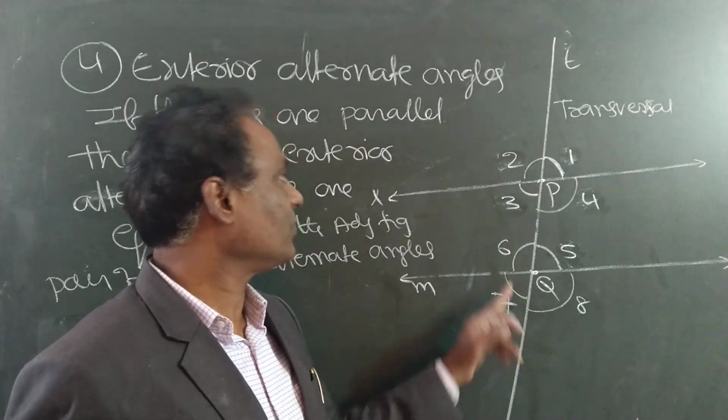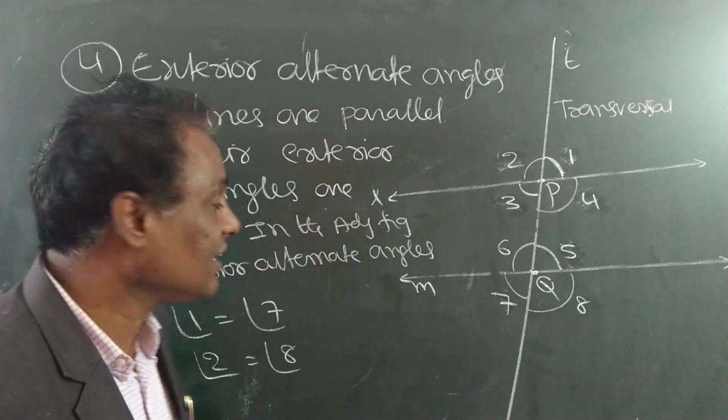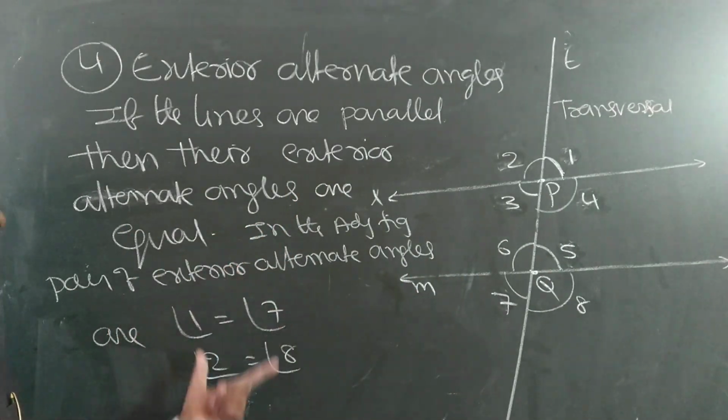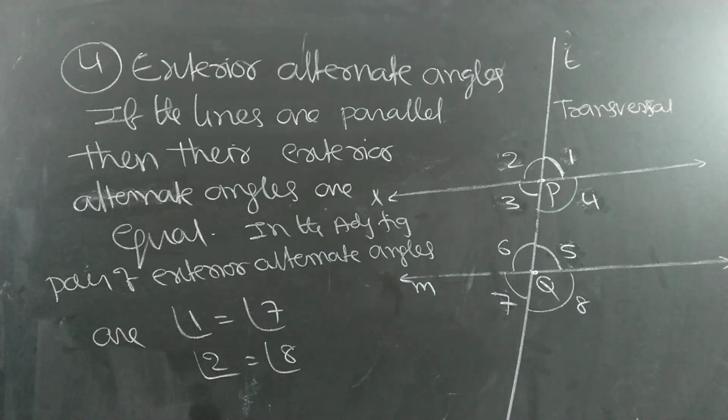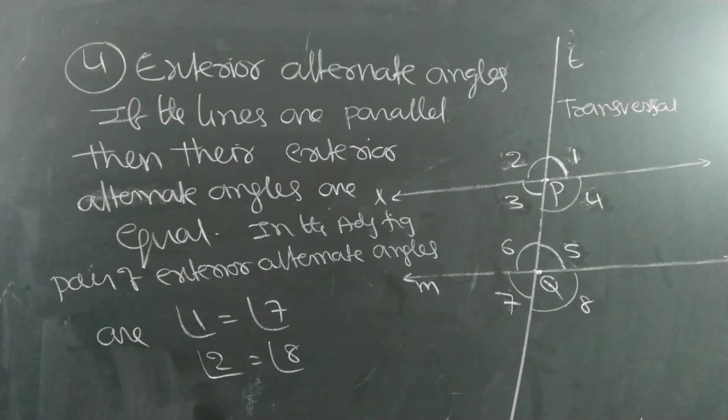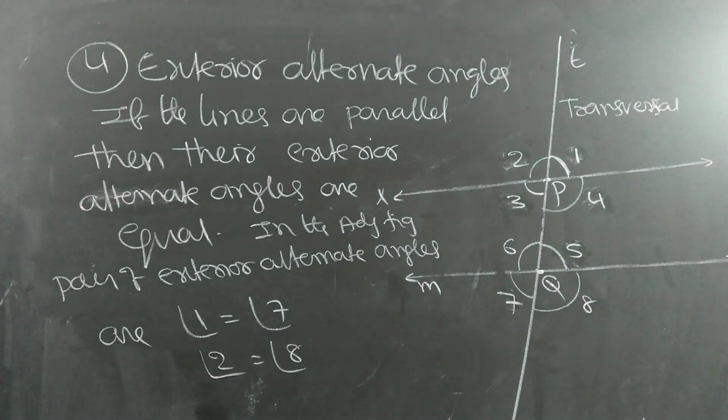So 1 is equal to 7, 2 is equal to 8. What is the reason? Exterior alternate angles are equal.